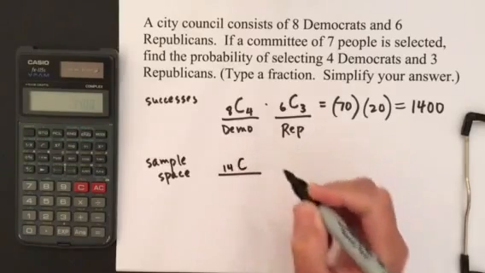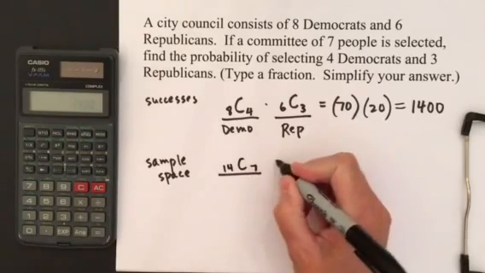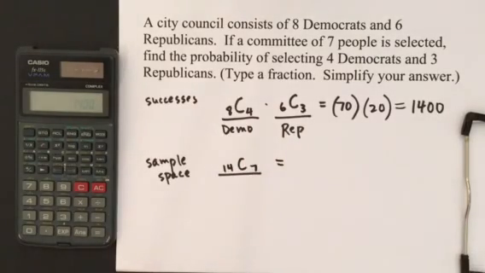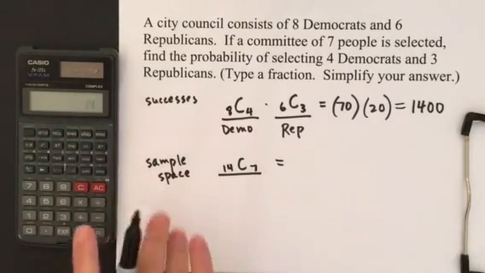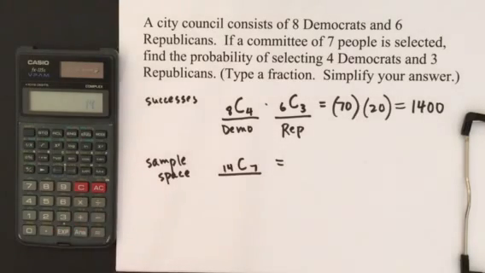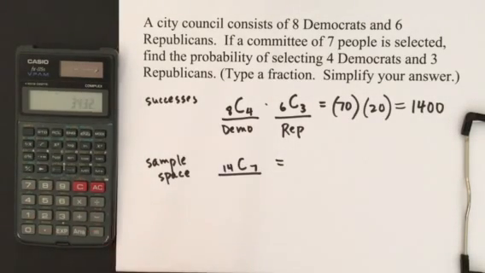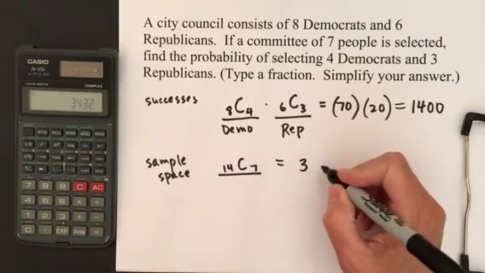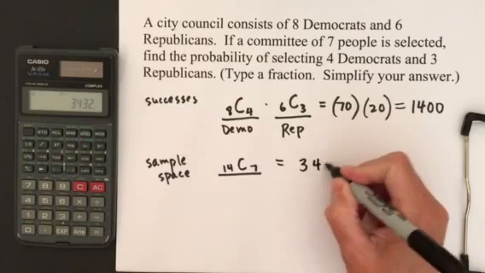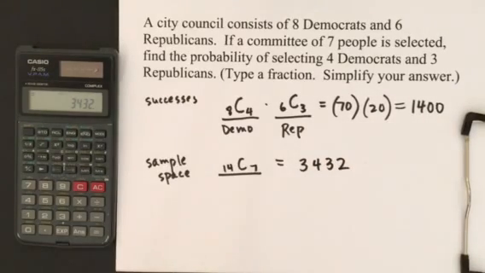So 14 combination 7 would be the total number of ways to select 7 people from 14 people. I'll put in 14 in the calculator and select the combination key, put in the 7, press equals, and the total number of ways to select this committee is 3,432 ways.